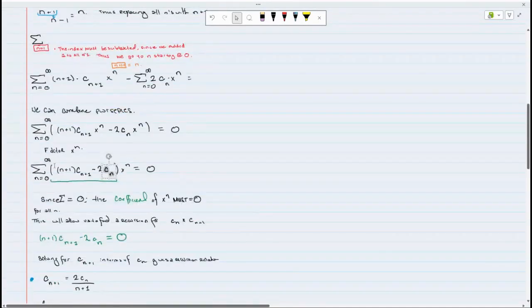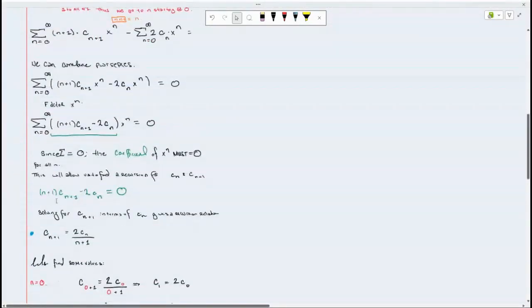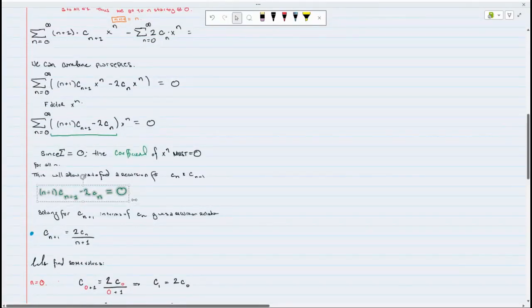And so if we set this whole thing equal to 0, because this has to be 0 in order for this whole sum to be 0, we can go ahead and just look at that part of the equation and solve for our constants. And so we can simplify by dividing on both sides by this n plus 1 and move this over. And so we're going to be left with our constant term with n plus 1 equals this.